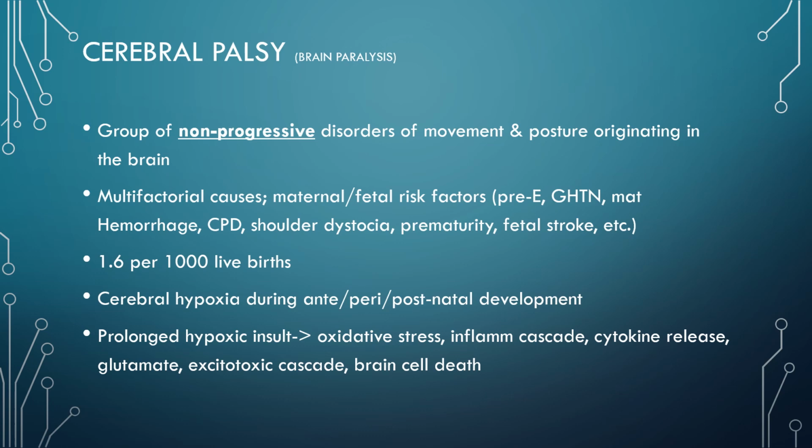What's occurring in the brain is prolonged hypoxia, so lack of oxygen, insult to the brain tissue, which causes oxidative stress, the inflammatory cascade, cytokine release, glutamate excitotoxicity, and then brain cell death. So these babies can come out quite stunned, limp, floppy.